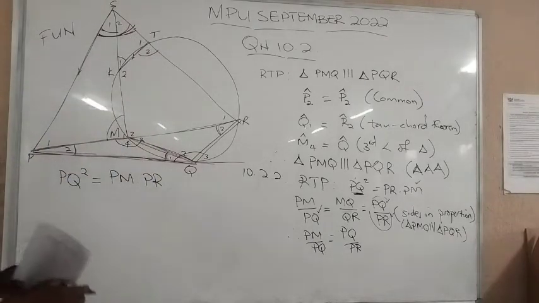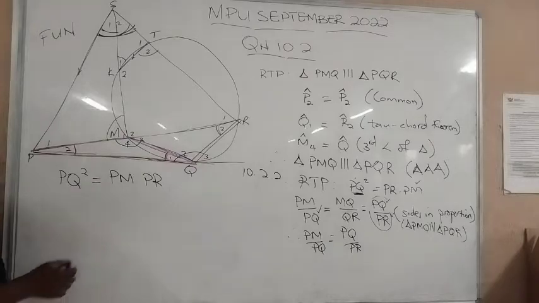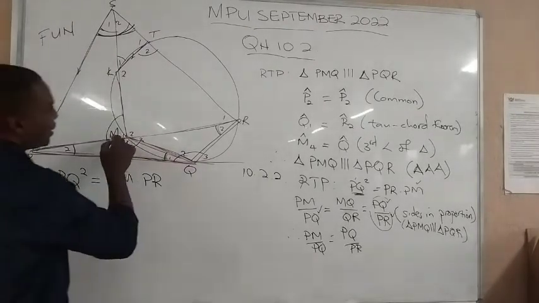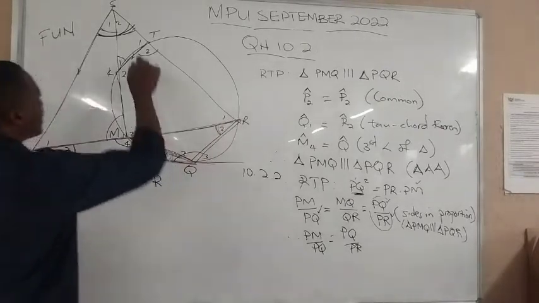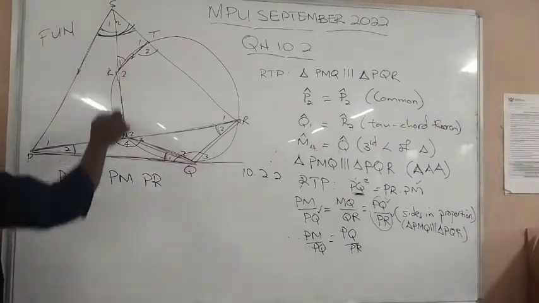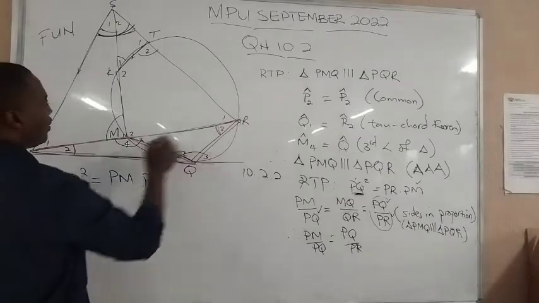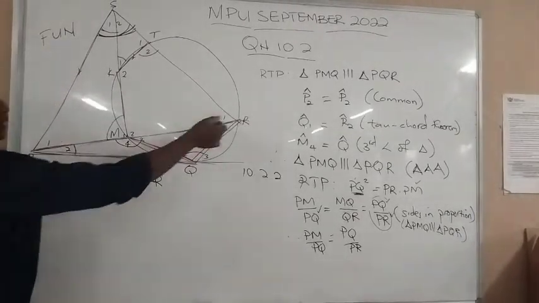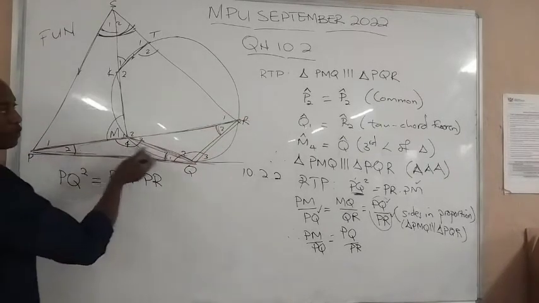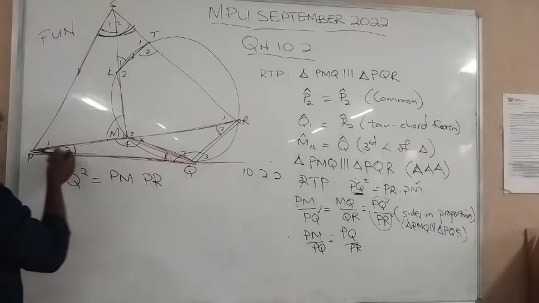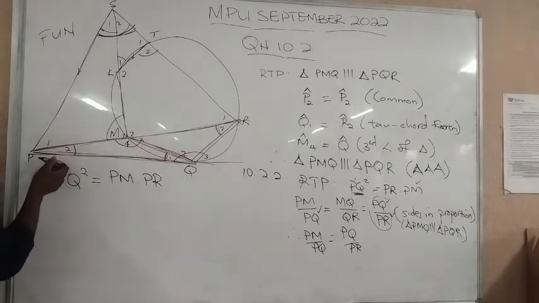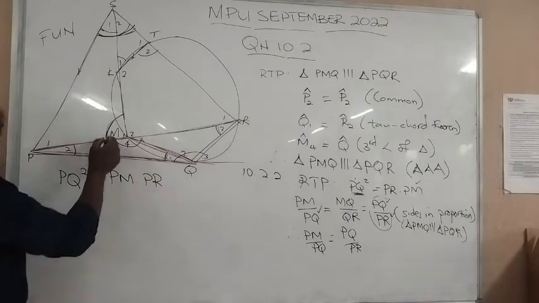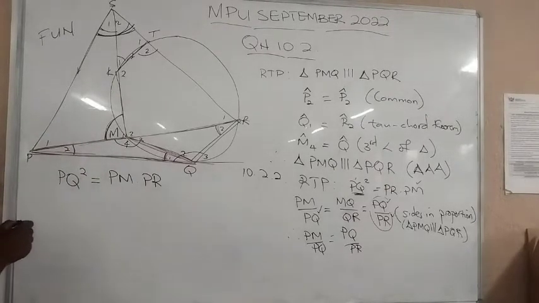Now, one thing that we need to notice is that we do have a cyclic quadrilateral TKMR, of which this line PR is one side of the quadrilateral that is extending or produced to P. So it creates an angle that is outside there, which is an exterior angle.